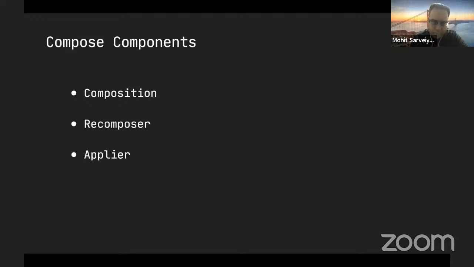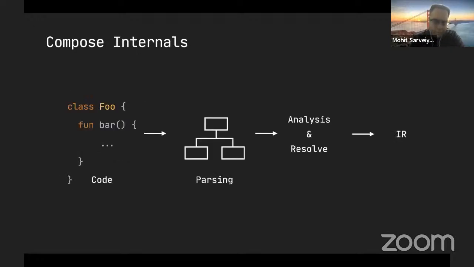So there are three components that you'll see in this library that are used: Composer, there's a Composition, a Recomposer, and an Applier. And what are these things? So when you look at Compose, it's a compiler plugin, a Kotlin compiler plugin, that hooks into the Kotlin compiler.